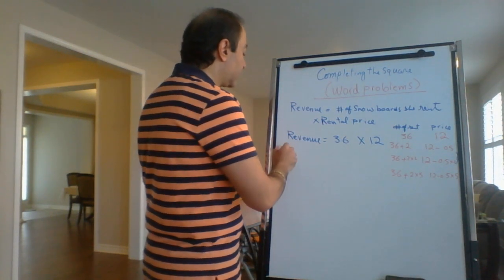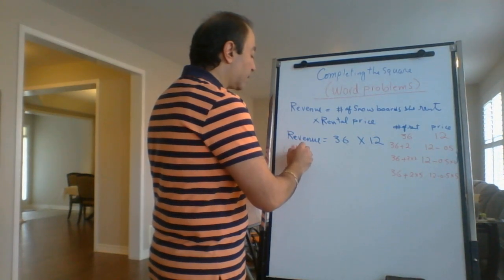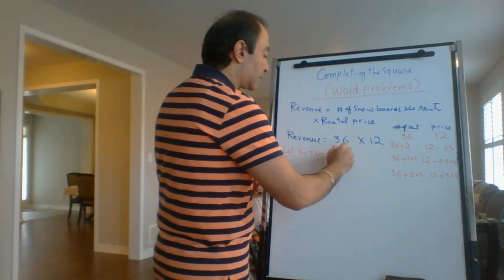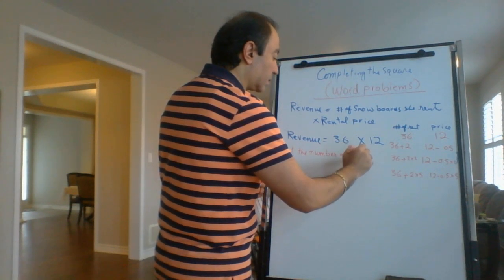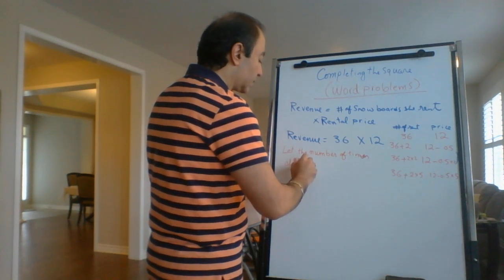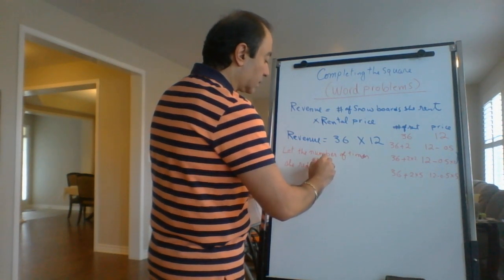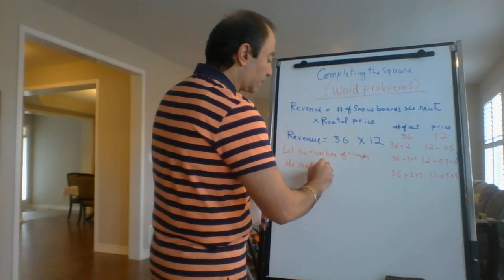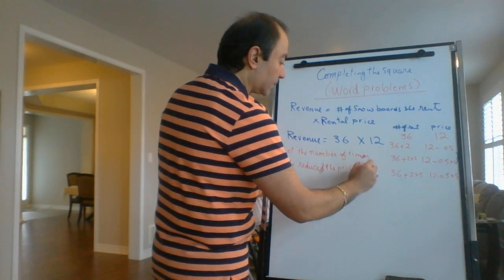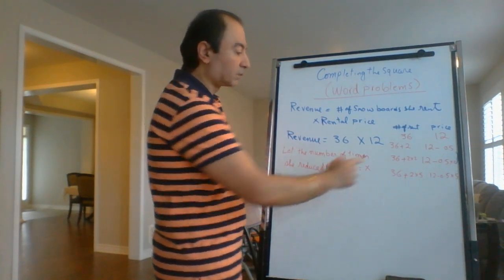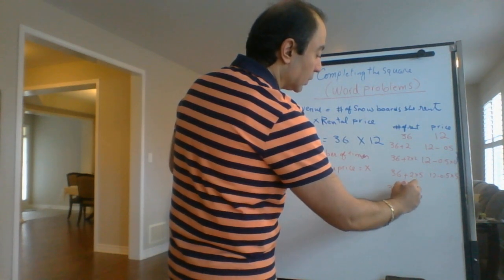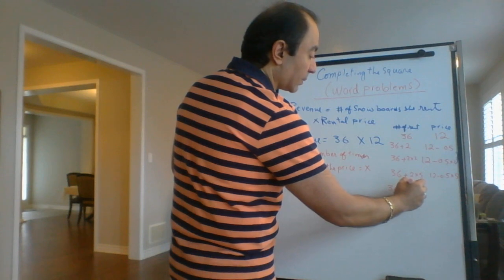So we're going to say, let the number of times she reduces the price equal x. In this case, the rent will be 36 plus 2 times the number of times she reduces the price, which is x.